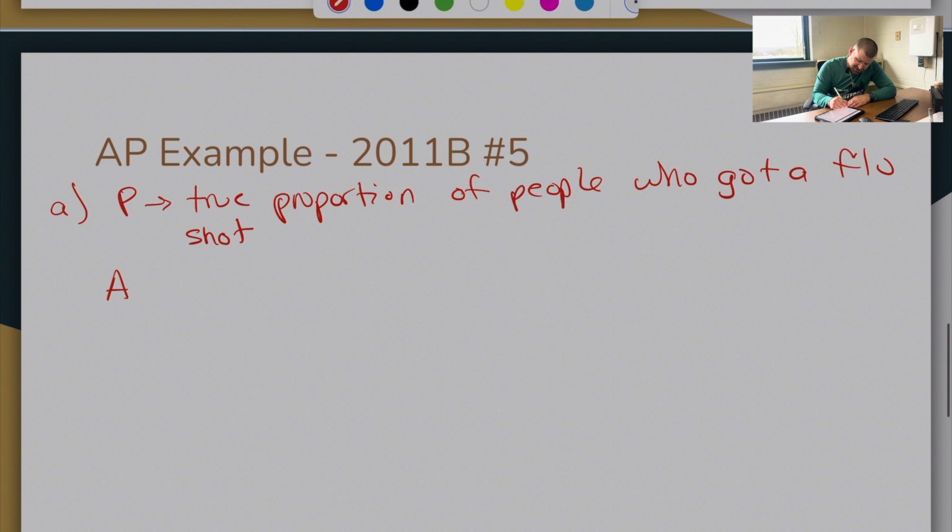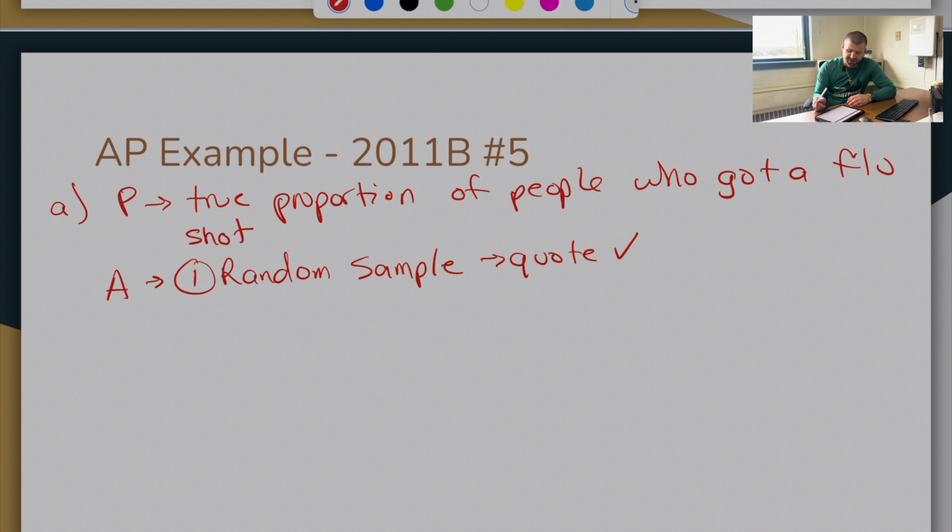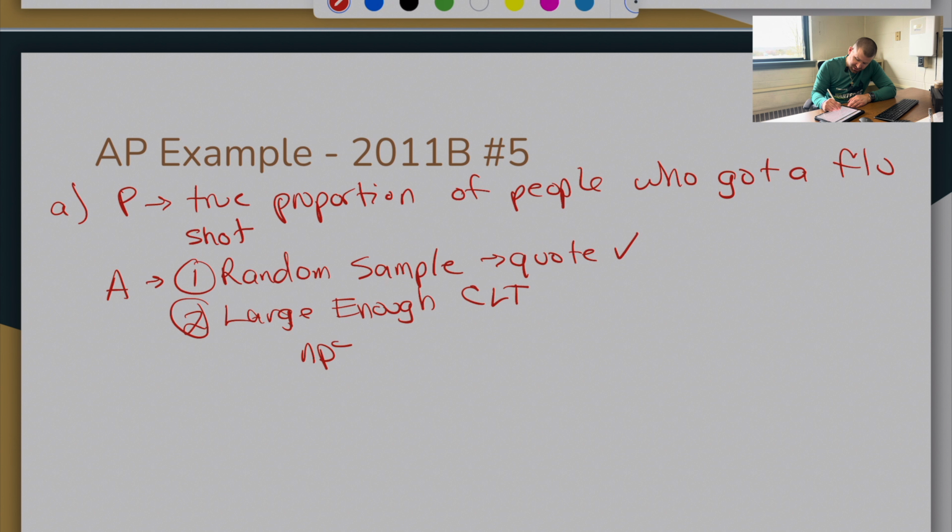For my assumptions, 1, I need to have a random sample. And in this case, we would quote the problem, which does say a random sample of 2,350. And 2, I need to be large enough for the central limit theorem, which in this case is my 10 successes and 10 failures.